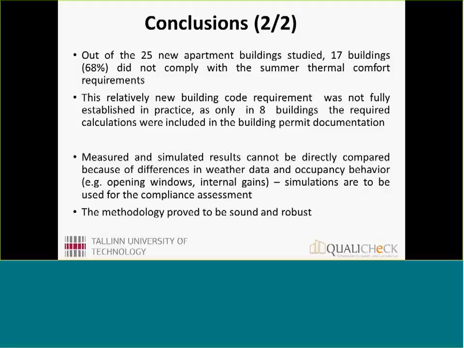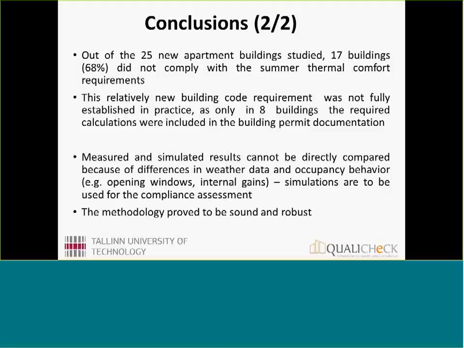achieve. And our results also showed that measured and simulated results cannot be directly compared, because there are differences in the weather data, and occupancy and other internal gains are not exactly the same as a standard use of a building. So for the compliance assessment procedure, simulations are always to be used.